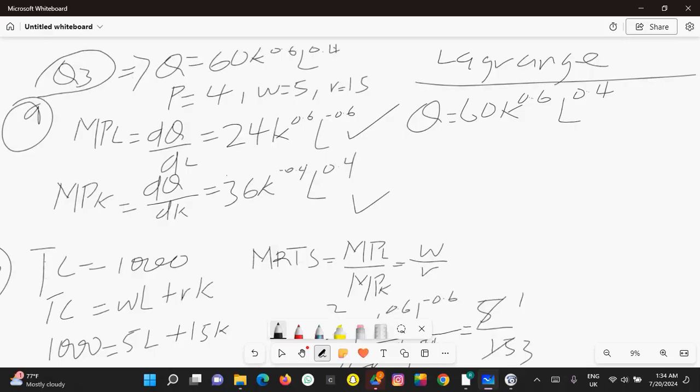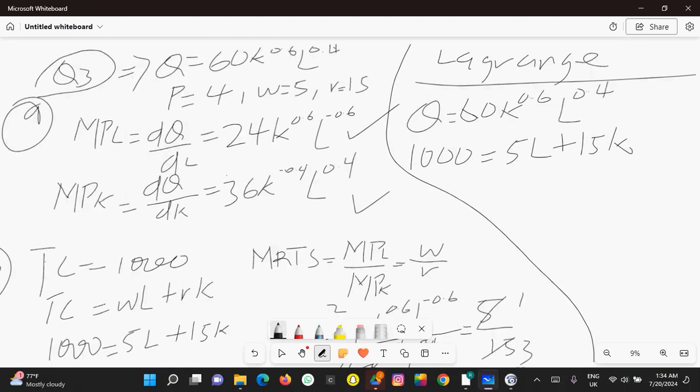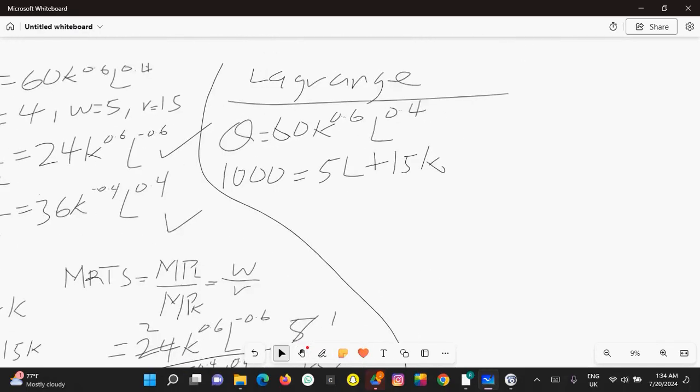And then now our cost here is 1,000 equal to 5L plus 15K. Right. So since there's a budget here, this becomes our constraint.